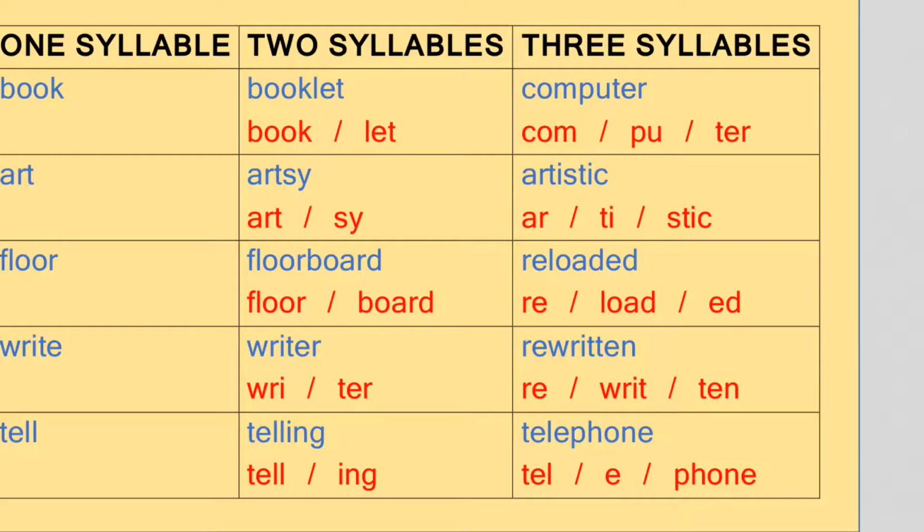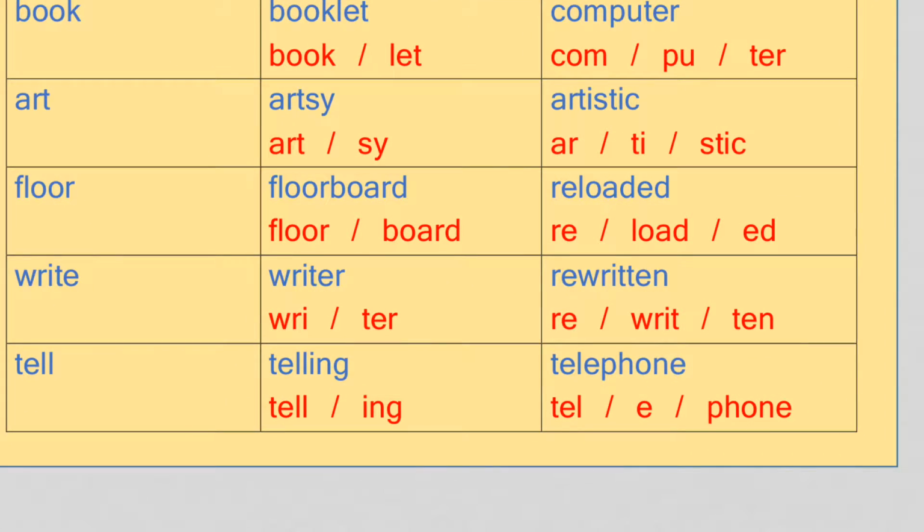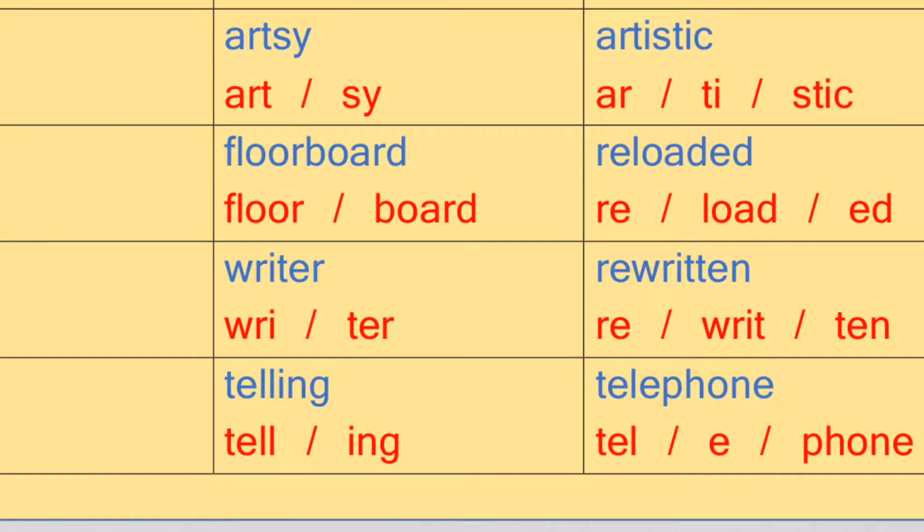I just wanted to point out that you could have something called a compound word, and I'll tell you a little bit more about that soon. But floorboard is a good example of a compound word. When you have a compound word, you need to remember that it's one word that's made up of two words.